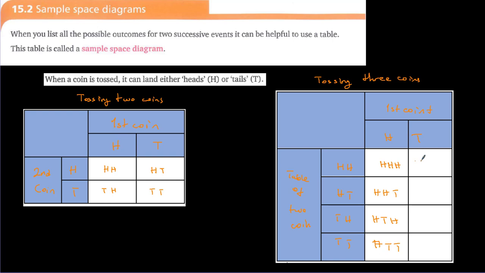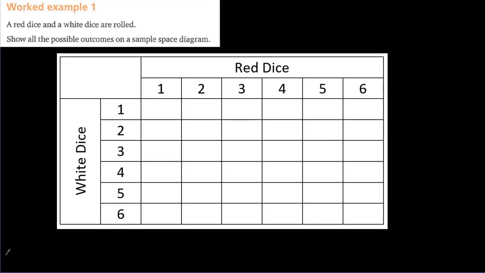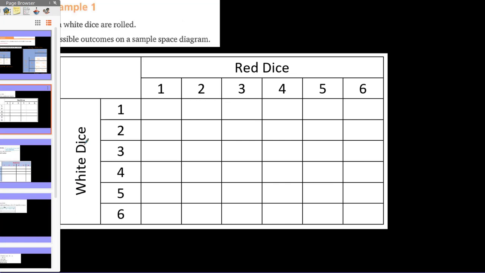The second version of this one: tail head head, tail head tail, tail tail head, and the last one tail tail tail. So when you toss two coins, there are four possible outcomes. When you have three coins, there are 8 possible outcomes.